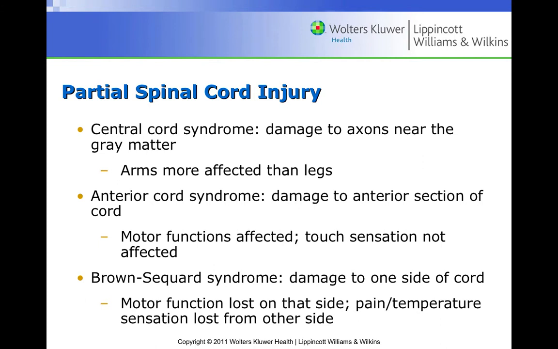And then there's partial spinal cord injury where we call it the Brown-Séquard syndrome, where there's damage to one side of the cord, and there's a total motor function loss on that side, but there's a pain and temperature sensation loss from the opposite side. So it just gets the brain confused.